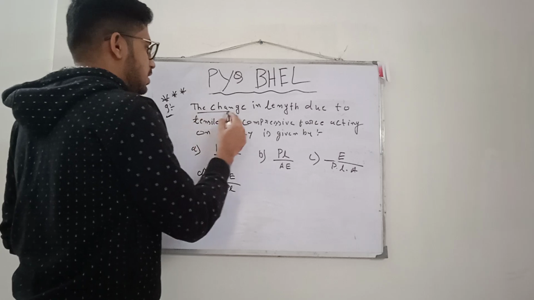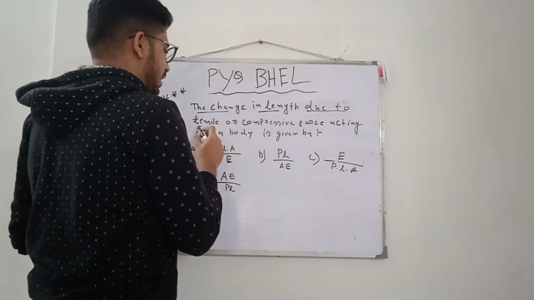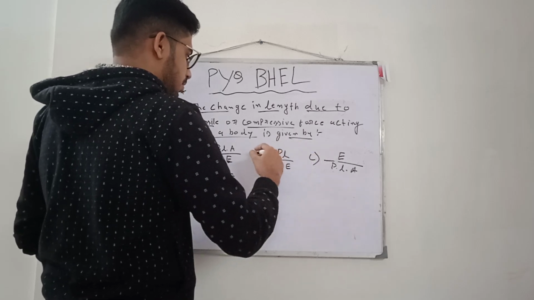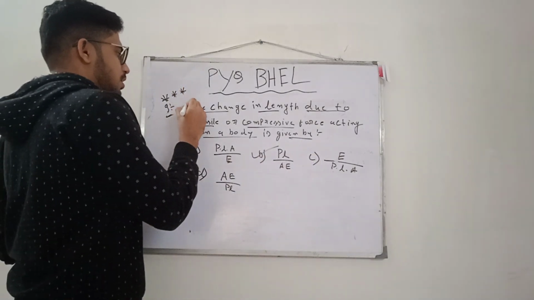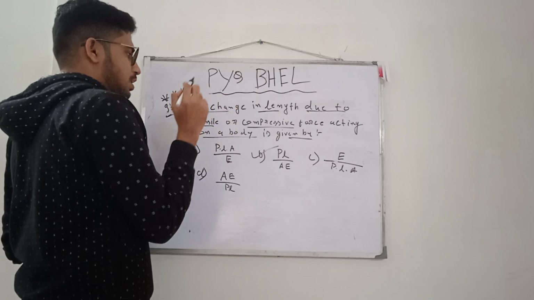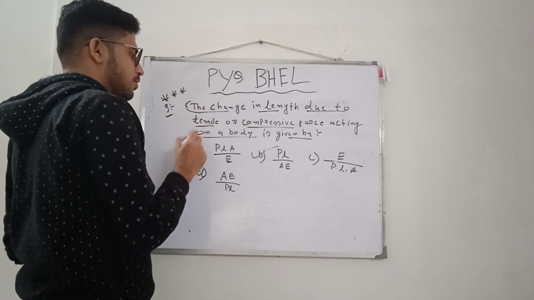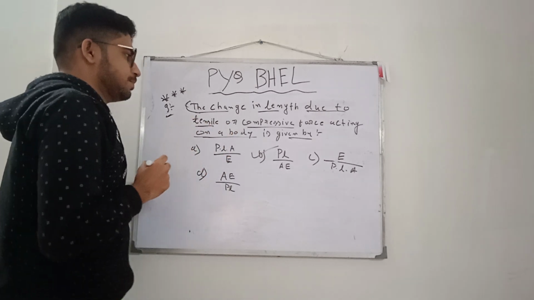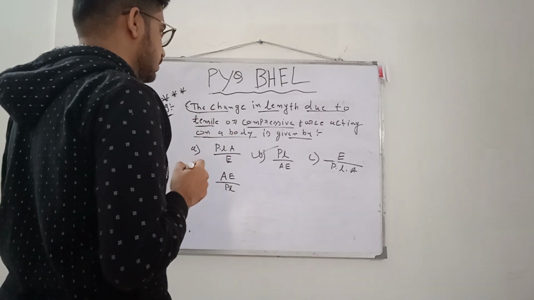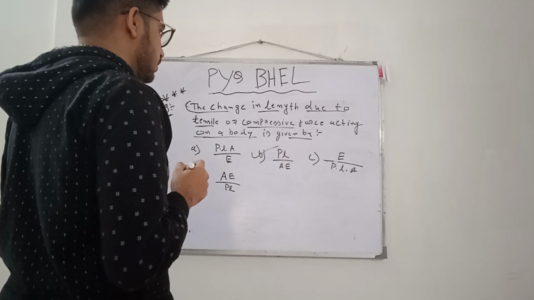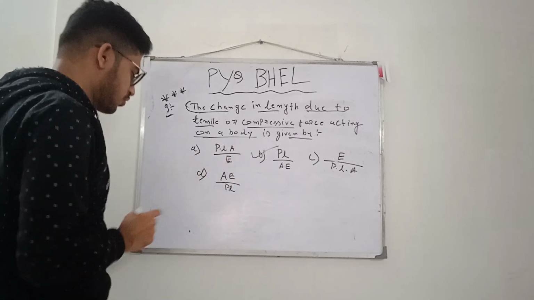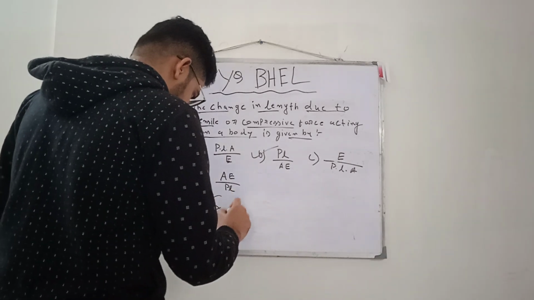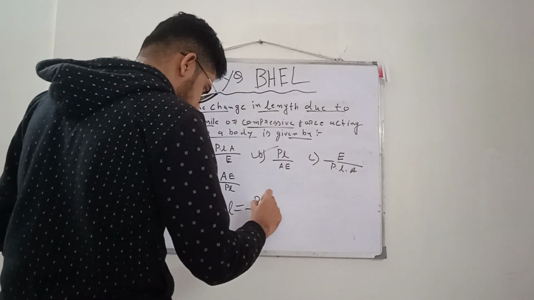The change in length due to tensile or compressive force acting on a body is given by PL by AE. So this is a formula of strain, delta L equals PL by AE.